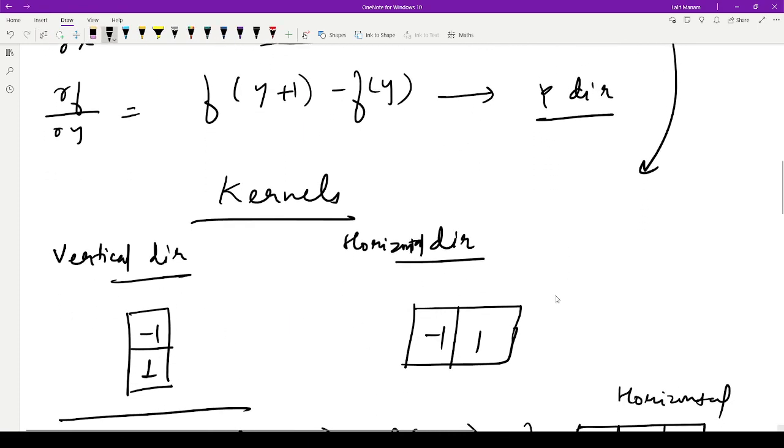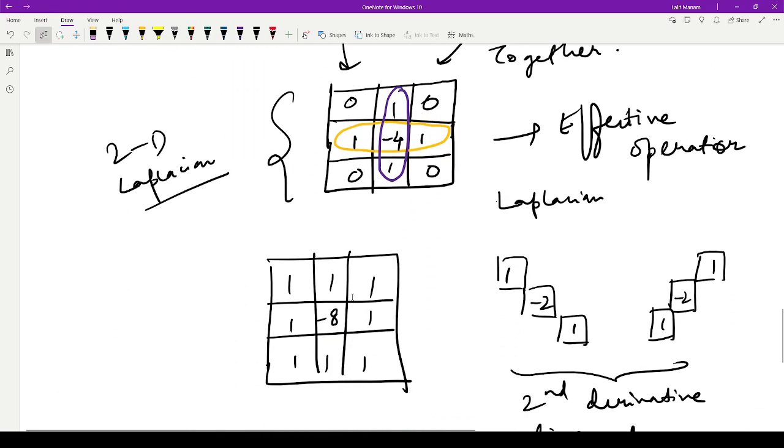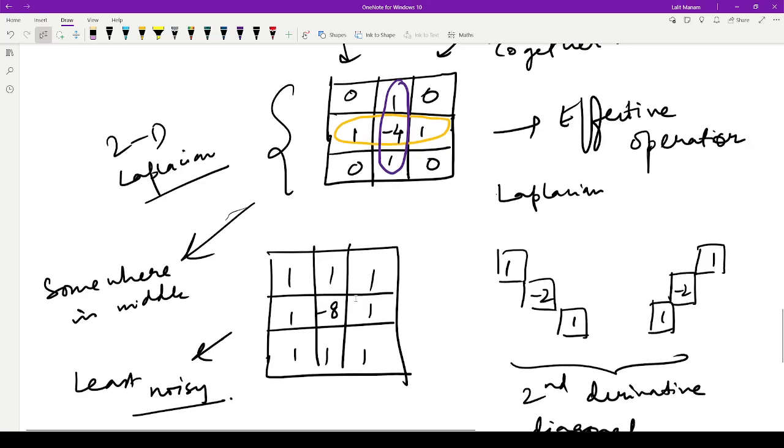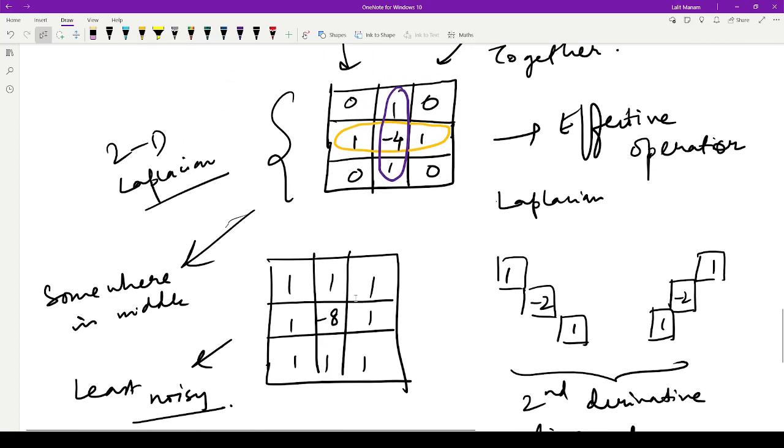These ones are the most noisy operators, the other one is somewhere in the middle, and this is the least noisy among all three I'm seeing. Of course, there are better ones. So how does the Sobel operator look?